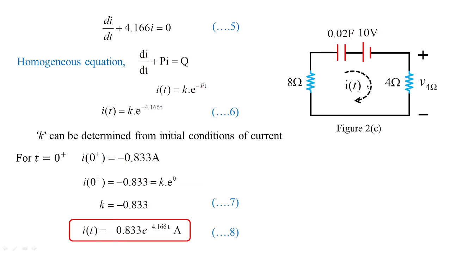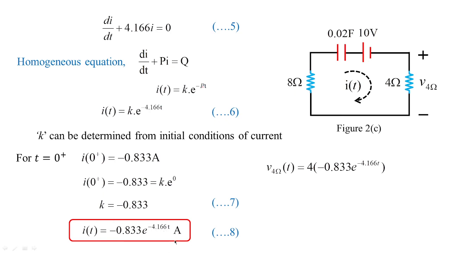Fine. Once this transient current is flowing through the circuit, what is our next level of interest? We need to find the value of voltage across the 4 ohms. So voltage across 4 ohms is given by Ohm's law, which states resistance multiplied with the current. In simpler way, the current is minus 0.833 e to the power of minus 4.166 t.